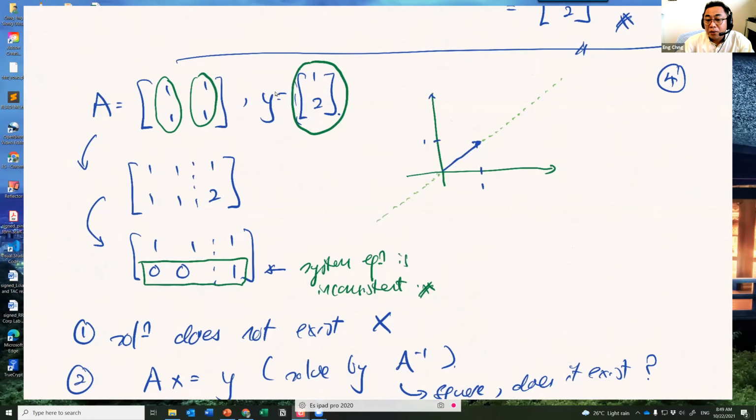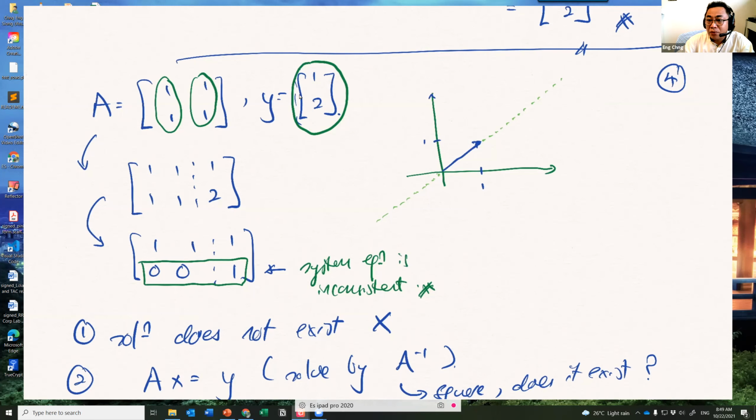So the column space of A is nothing but this line. I can land anywhere along this line, but nowhere else, because all I can do is scalar multiplications and linear combinations. I would still land on this line.